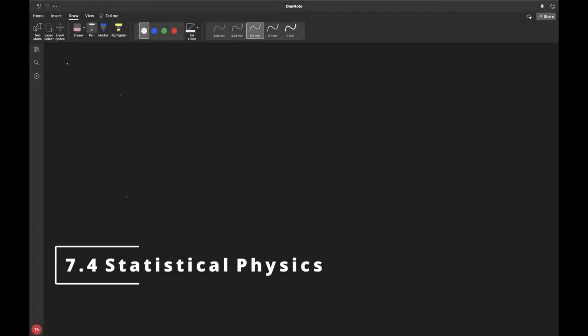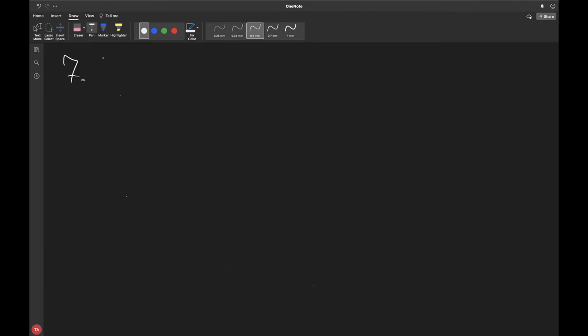The last thing I'd like to discuss is statistical physics. 7.4 is statistical physics. I hope you see that we are going from the tiny into a bigger and bigger picture. Statistical physics deals with systems where you have a lot of things around.